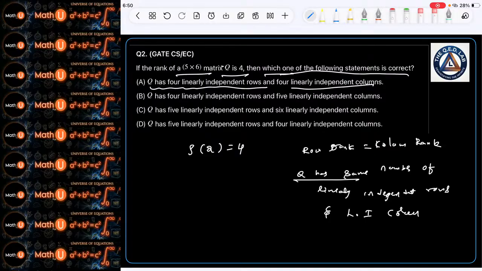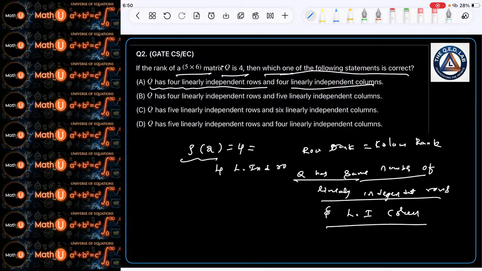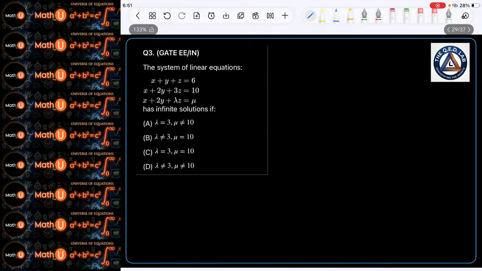If the rank of Q is equal to 4, that indicates 4 linearly independent rows. If it is 4 linearly independent rows, this is also equal to 4 linearly independent columns. Then option A is the correct one: Q has 4 linearly independent rows and 4 linearly independent columns. That is the correct option. The remaining are all wrong.